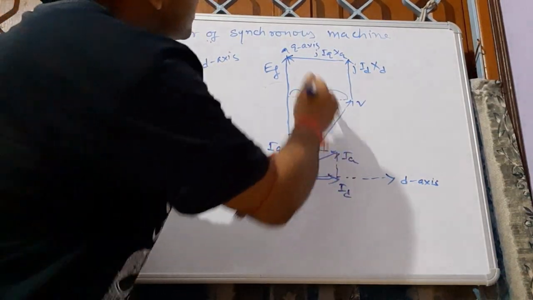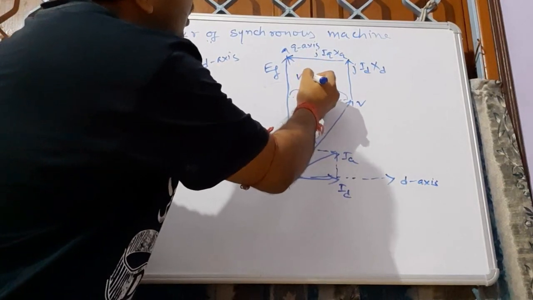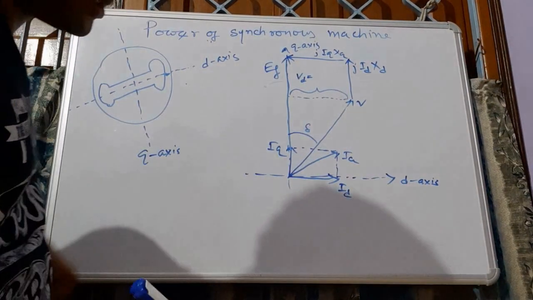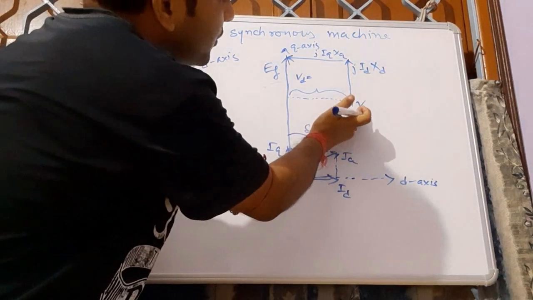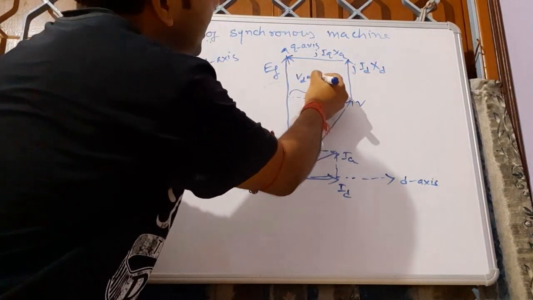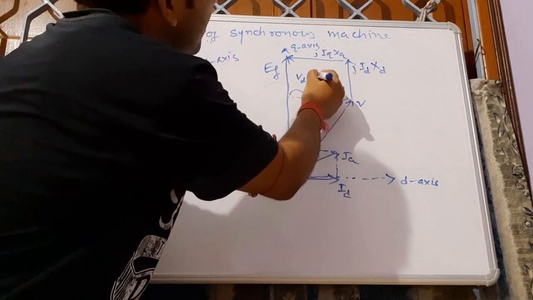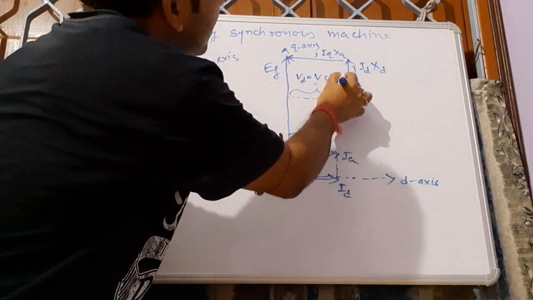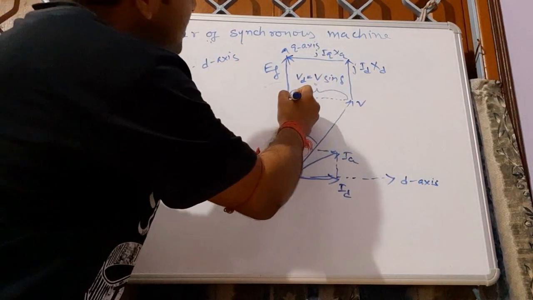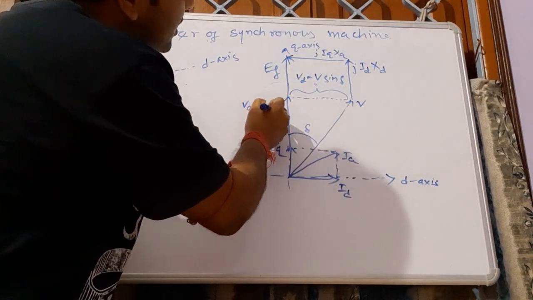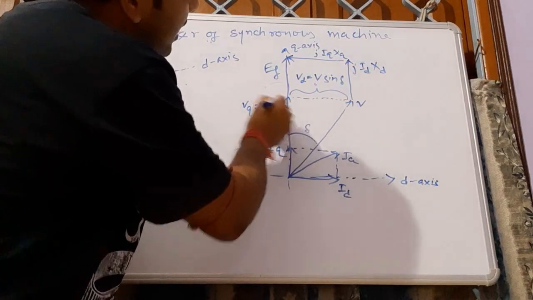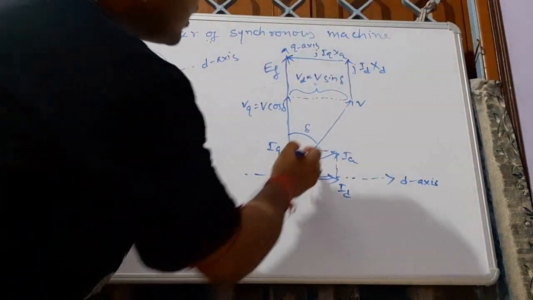This portion is your direct axis voltage. What is the value of this? V sin delta, right? And this is the quadrature axis voltage VQ, while this is V cos delta, as this angle is delta.